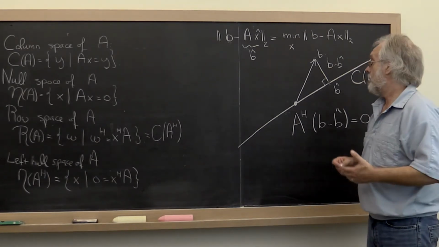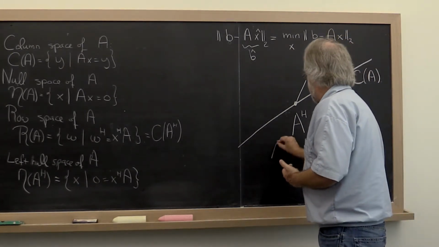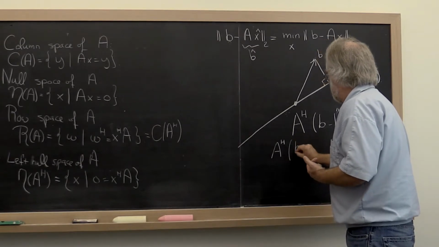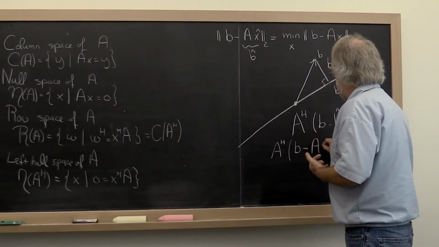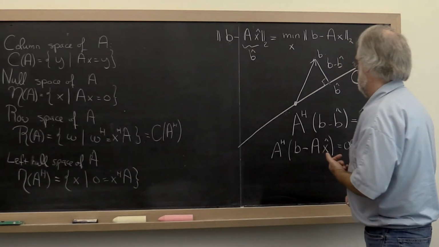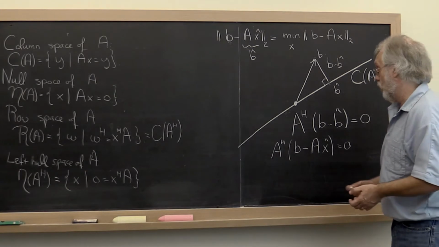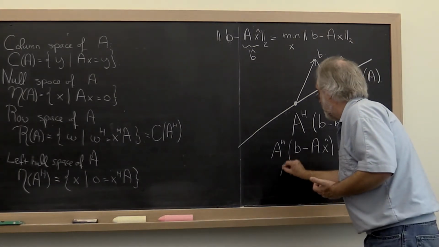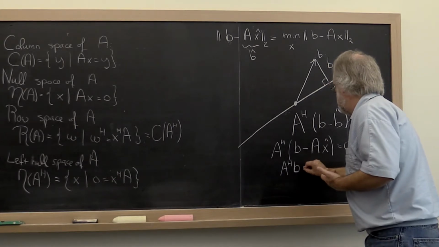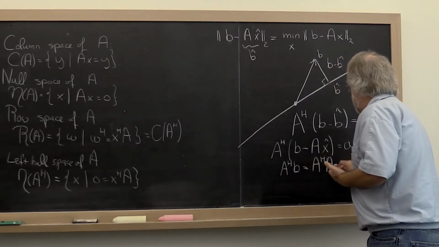Let's manipulate this a little bit. That means that A Hermitian times b minus A times x hat is equal to 0. Let's manipulate that a little bit more. It means that A Hermitian times b must be equal to A Hermitian times A times x hat.